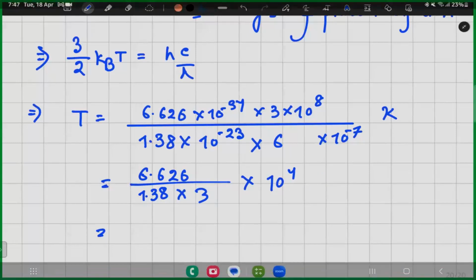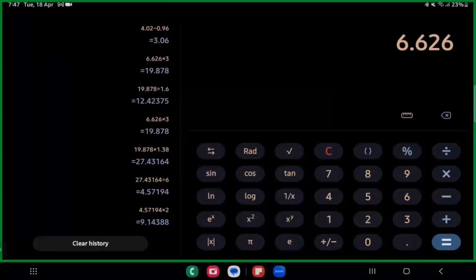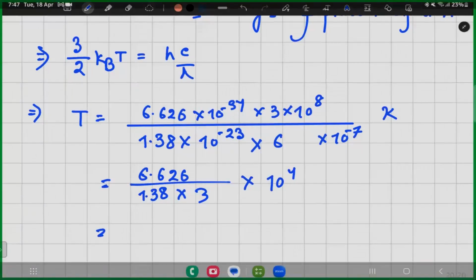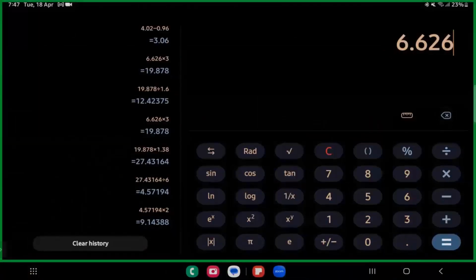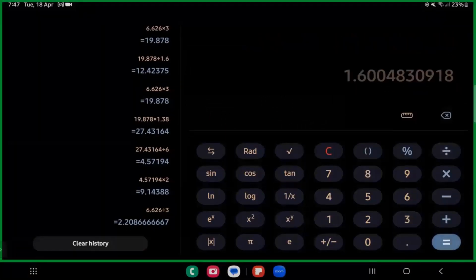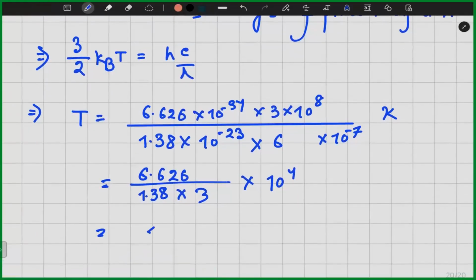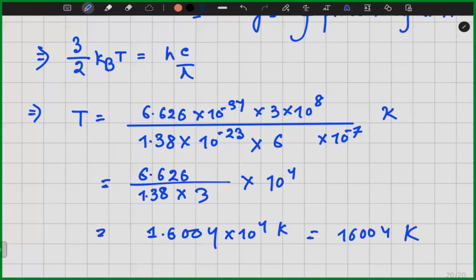So it is 6.626 divided by 1.38 divided by 3, which is 1.6004. So it is almost 16,000 Kelvin.